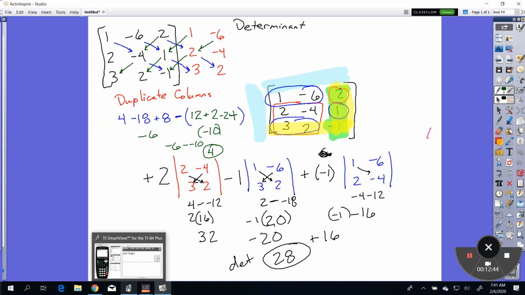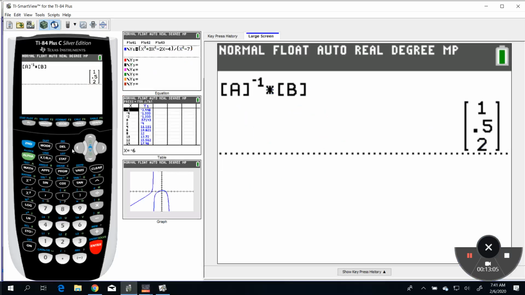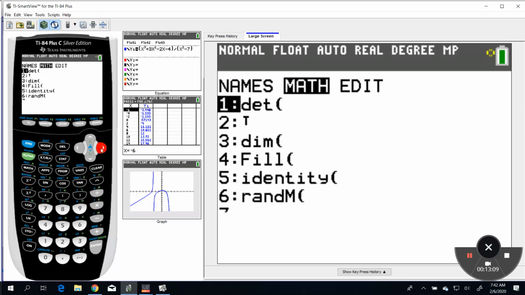So we're going to go to the calculator. And I'm going to write those numbers down. I normally make mistakes, but normally not that bad. Unless I taught you wrong on the signs. Okay, so we're going to go second matrix, edit.